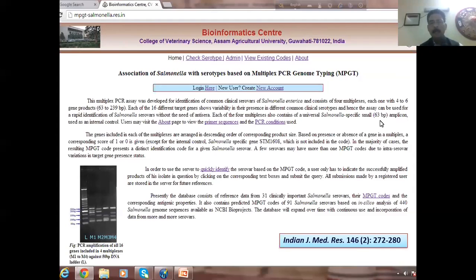It becomes very difficult for the molecular biologist or the microbiologist to get the serotype of Salmonella. But now with this platform, you can have a serotype of Salmonella done within 3 hours. Based on 12 genes divergently placed in different serotypes of Salmonella, we developed this platform in collaboration with University of California, Irvine. This was published in the Indian Journal of Medical Research in 2017.